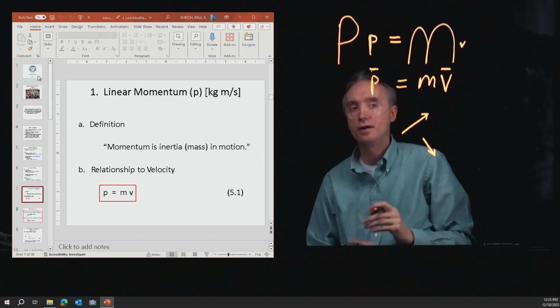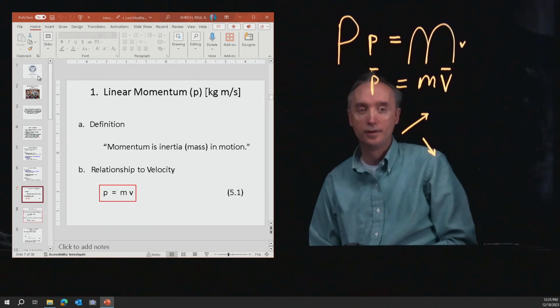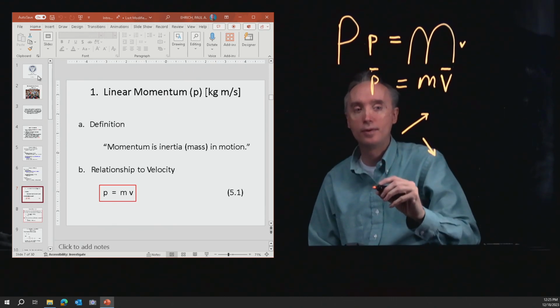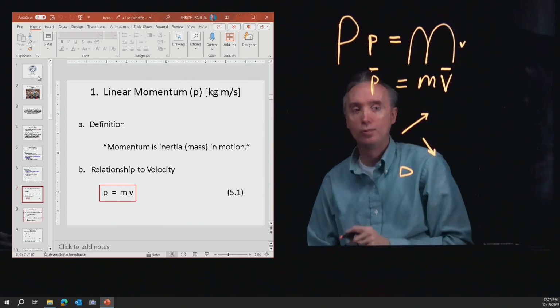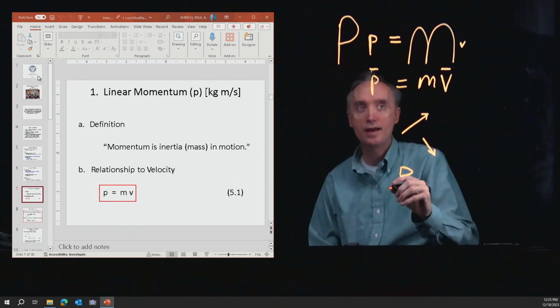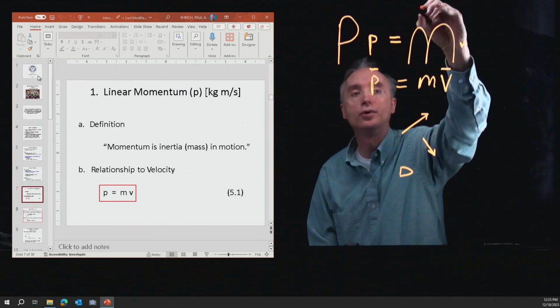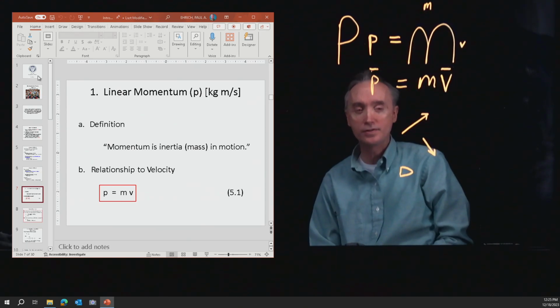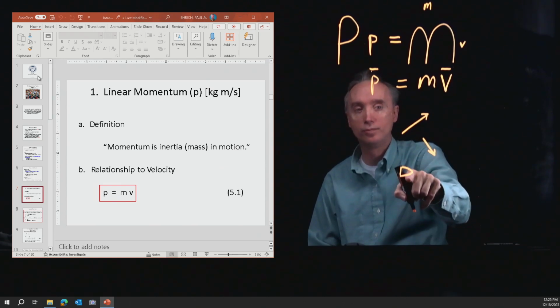Okay, what would be another way of giving something a lot of momentum? Think about a teeny tiny little bullet. That bullet might only weigh a few grams, so it doesn't have a whole lot of mass. In this case, we would put down a small m. So how could a teeny tiny bullet like this have a lot of momentum?